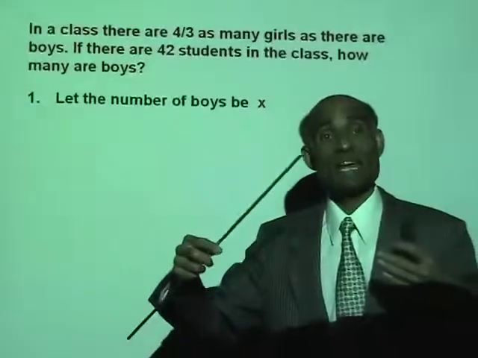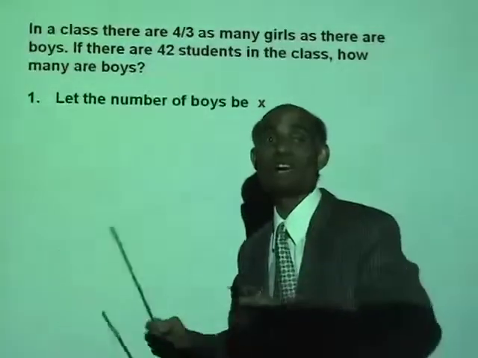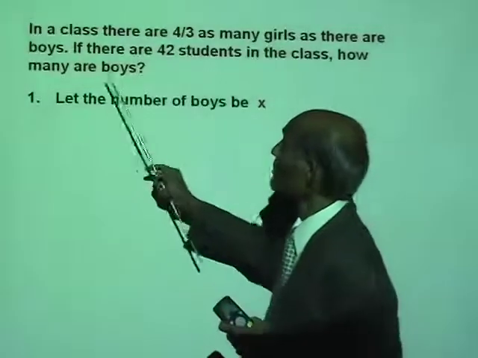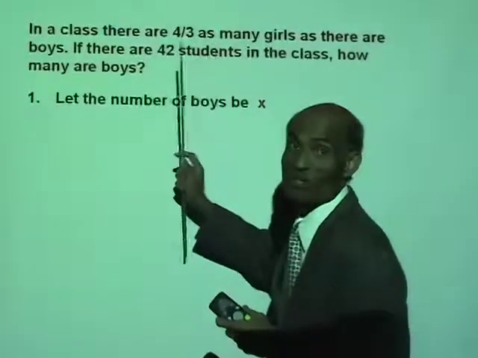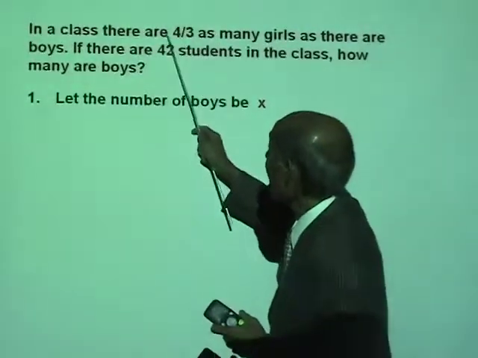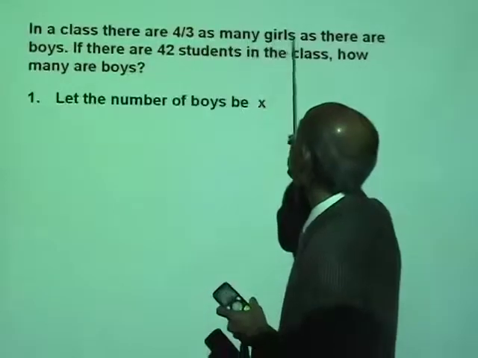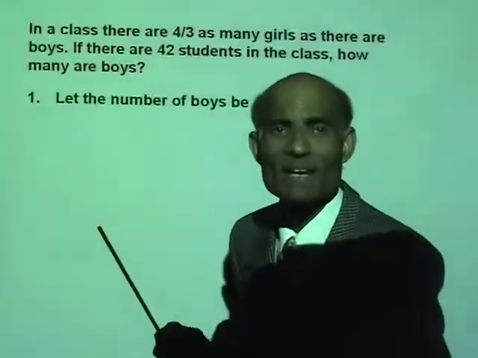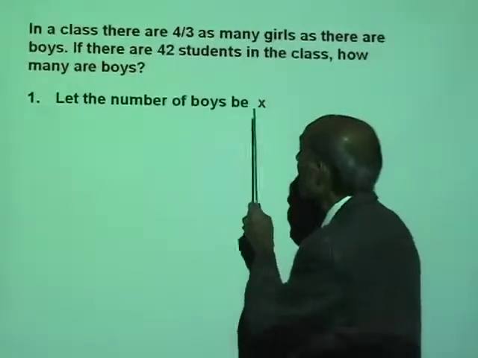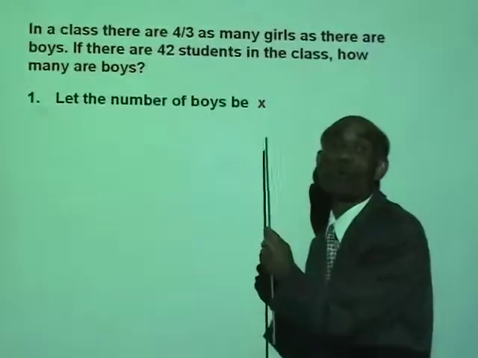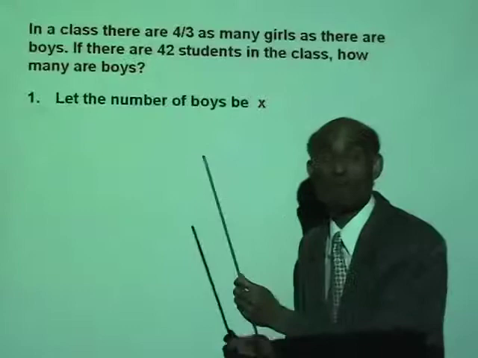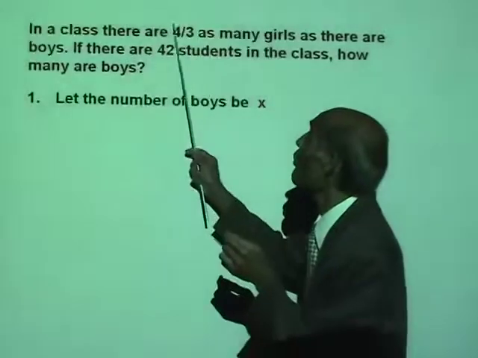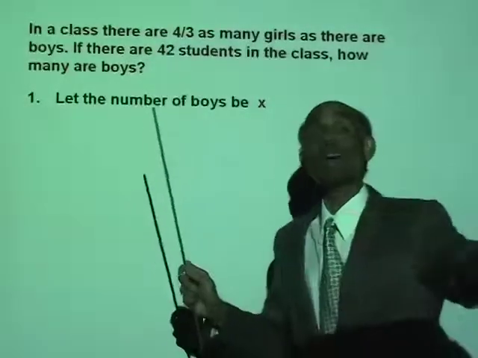So we start, let the number of boys be x. And now read the problem. What does it say? There are 4/3 as many girls as there are boys. What does that mean? It means if there are x boys, then the number of girls will be 4/3 of x.